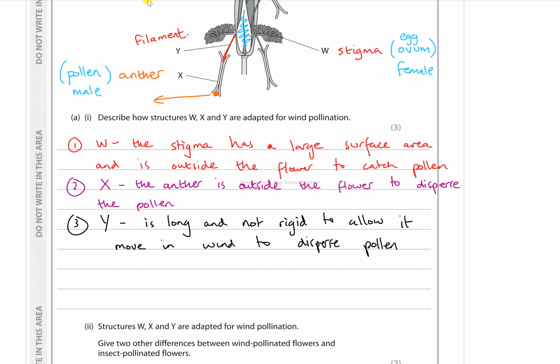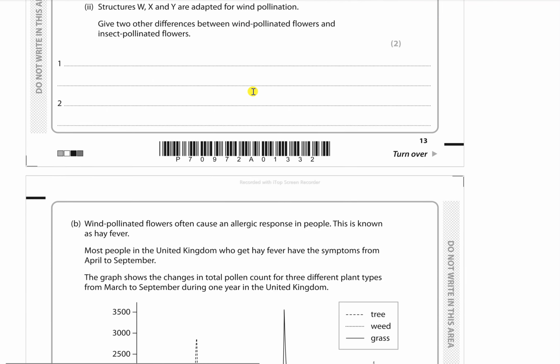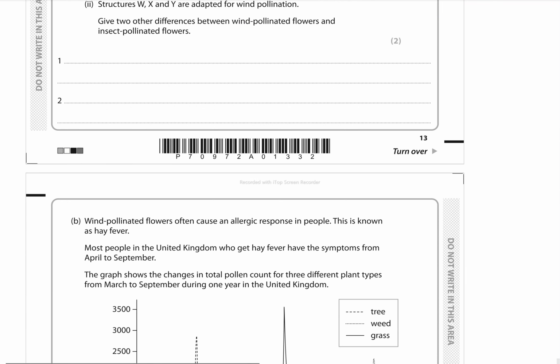So there's loads of little features that these plants have got. They've evolved to do that.